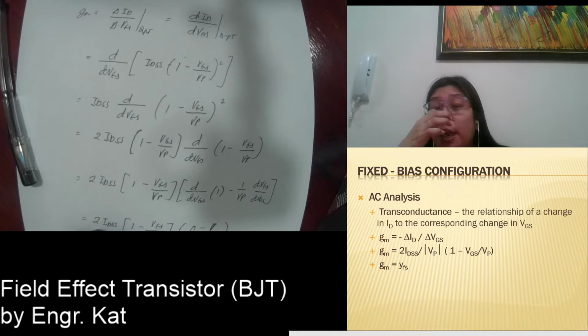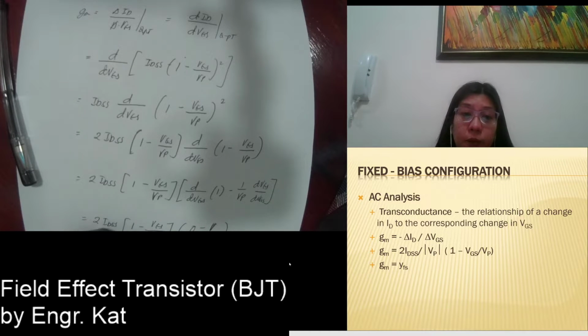So YFS, why Y? Because it is an admittance parameter. If you can still remember, impedance is denoted by letter Z, and admittance, which is the reciprocal of your impedance, is denoted by letter Y. This is a small letter because we are using AC analysis.